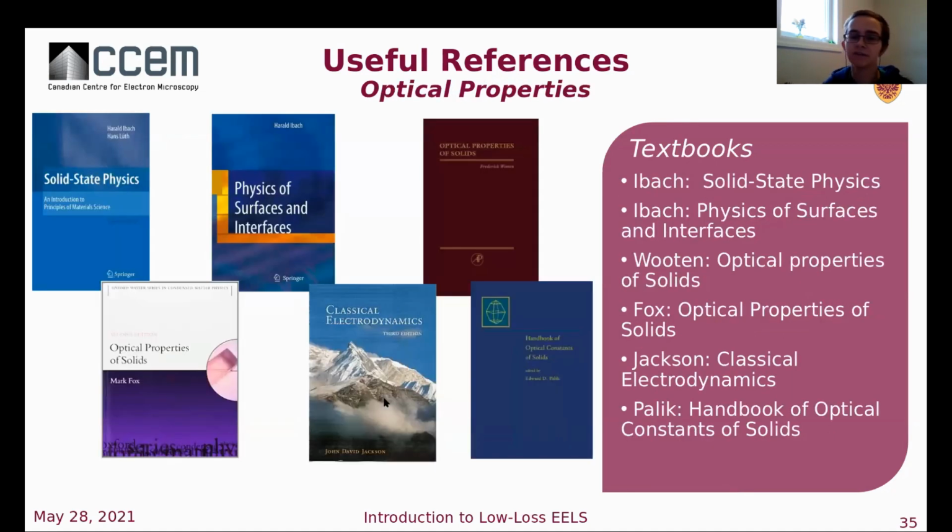I will also recommend, for those of you who are interested in doing low-loss EELS, that there are several textbooks available on either solid-state physics, the physics of surfaces, the optical properties of solids, which is very, very relevant in the infrared and visible region of the spectrum, as well as some solid reference textbooks on electrodynamics and optical constants. And I will leave it at that and open it up for questions.